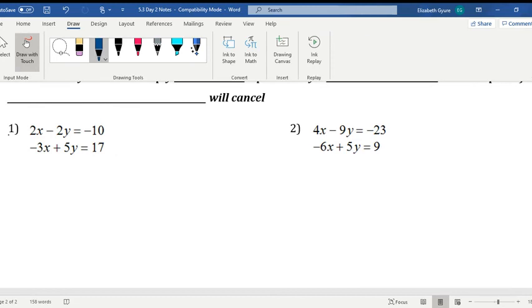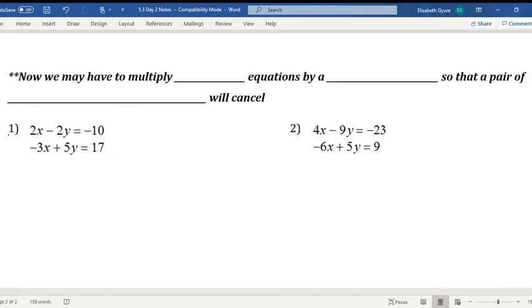Now what we're going to do is we may have to multiply both equations by a number so that a pair of like terms will cancel. So now both equations are going to have to get multiplied.